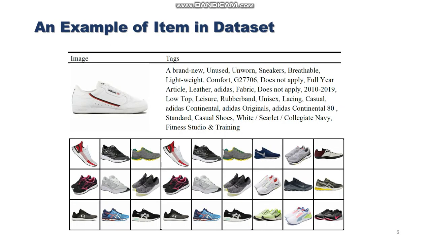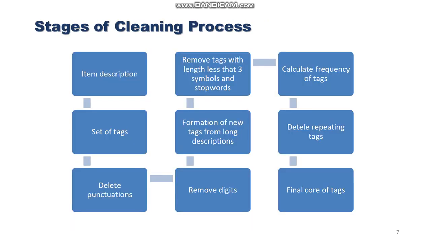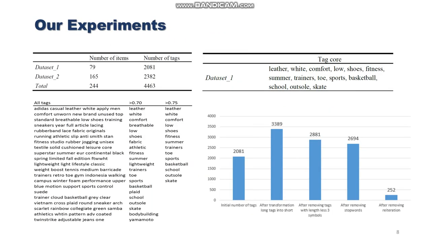For example, casual shoes is divided into two tags, casual and shoes, or fitness studio and training is divided into 3 tags: fitness, studio, training. Then we remove digits and calculate the frequency of tags. After this, we delete repeating tags and receive the final core of tags with their frequency.